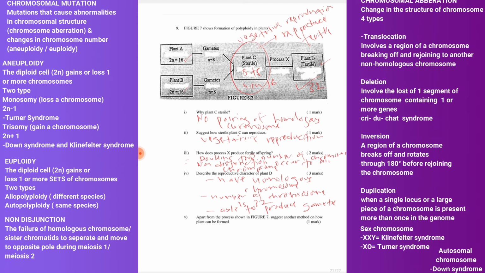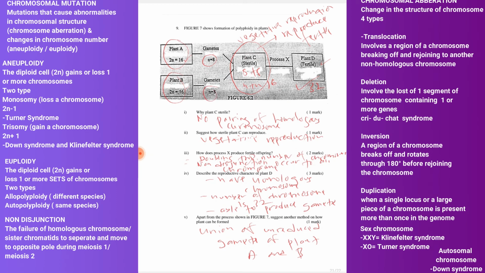The plant can be formed by the union of unreduced gametes of plant A and plant B. The gamete itself is 16, instead of n equal to 8.